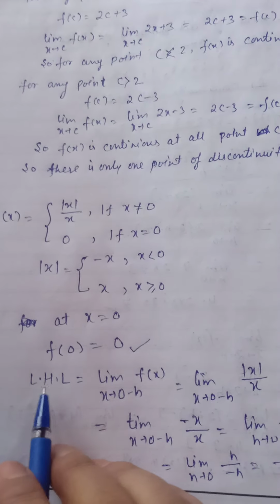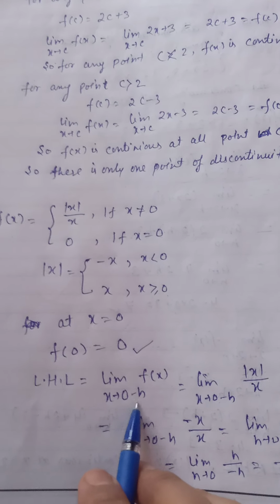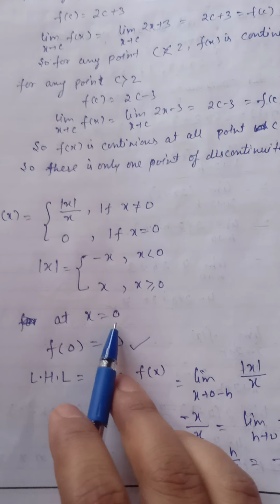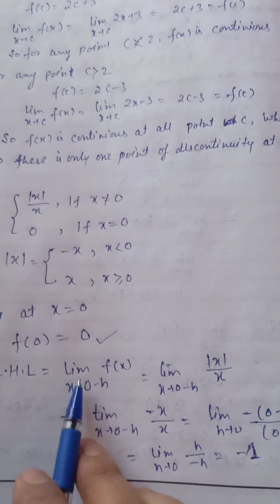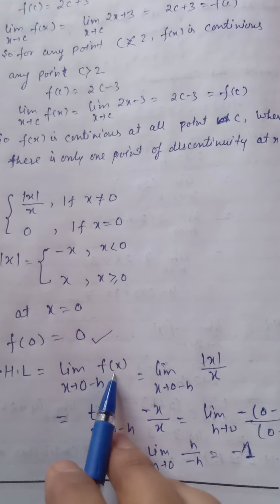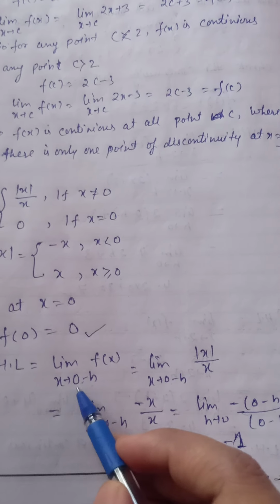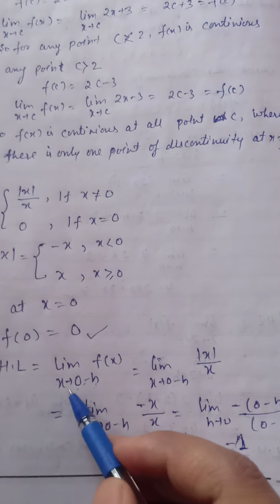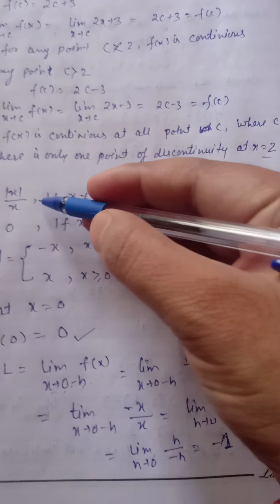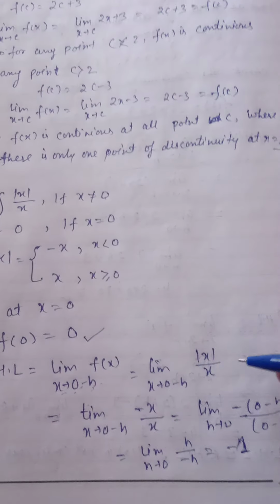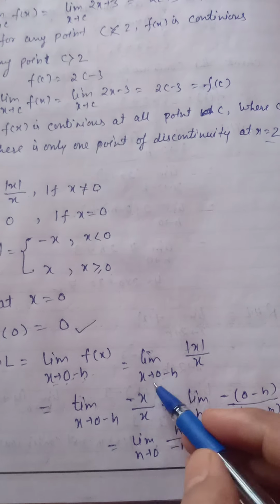Now we'll take the left hand limit. We are finding the limit at the point 0, so limit x tends to 0 minus h of f(x). Now we know that for x not equal to 0 we have the function mod x upon x. So we'll take the value of the function mod x upon x at 0 minus h.